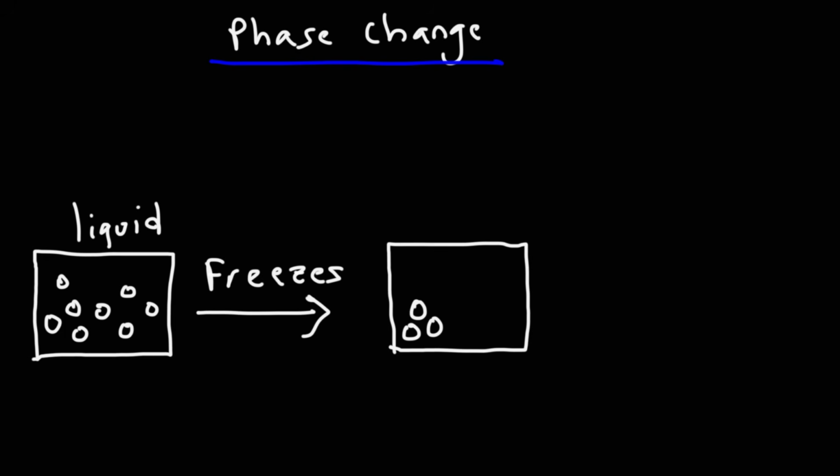The molecules in a solid, not for all solids, but in the case of most solids, tend to be closer to each other compared to a liquid. And so when you freeze a liquid, you're bringing the molecules closer together in most cases. Water is an exception. And a lot of times when you do this, energy is released, particularly heat energy.